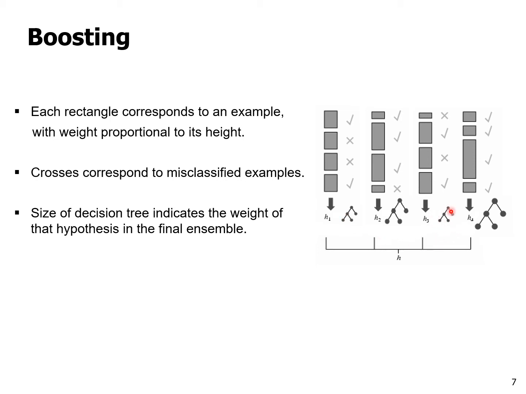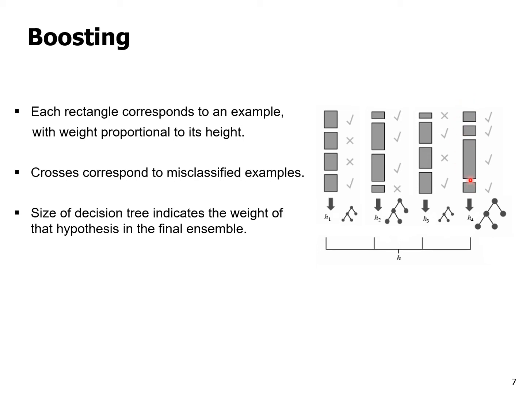So the size of this is the same as the first one. Because these 2 are wrong, we increase their weights, here and here. For these 2, which are correct, we reduce their weights.